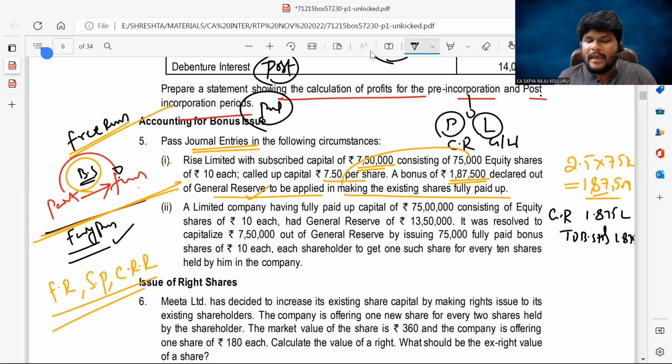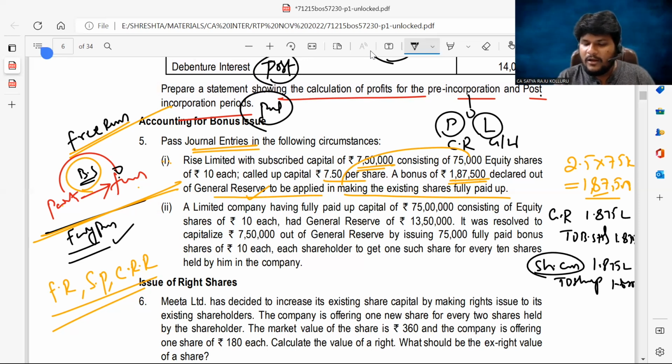Now you can make a call from the partly paid up shareholders by passing the entry share call to share capital account. That is equity share call to equity share capital account, again 1,87,500. Now we are not getting any single rupee from the shareholder.